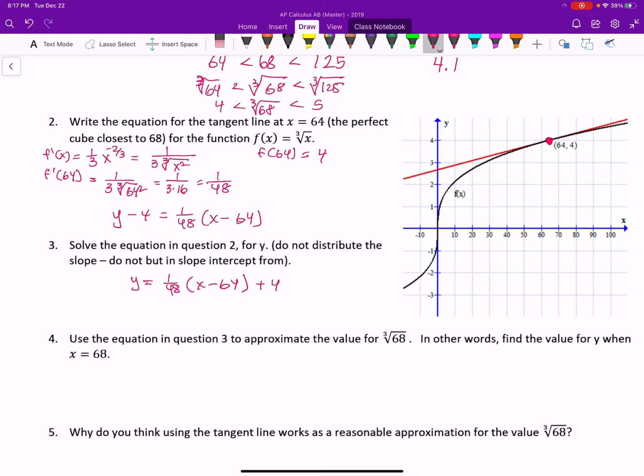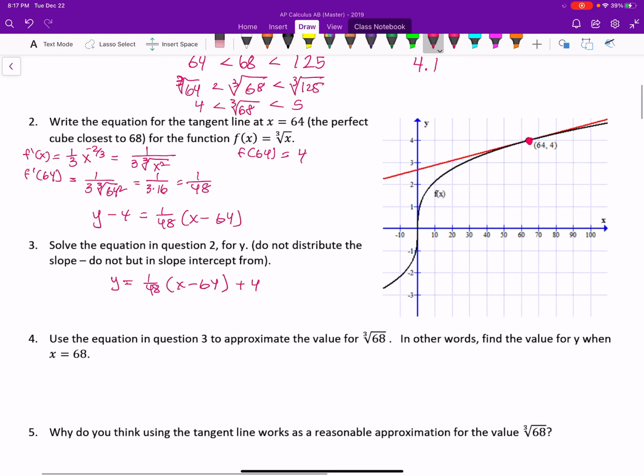You're just going to leave it like this. Eventually, we're going to be substituting in 68. So it's easier to substitute in the 68 and take 68 minus 64 and get a 4 and multiply by 1/48 than having the 1/48 distributed, and then you get fractions in both parts and have to substitute. It makes it harder for yourself. Trust me on this one.